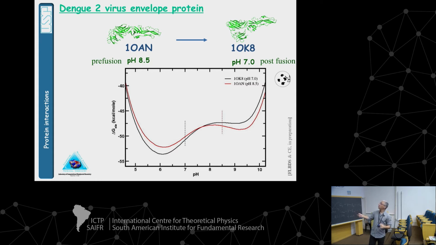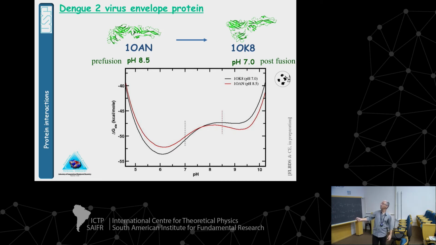Of course, this is a good comment. In fact, these structures are going to be much more stable at low pH. And if you remember, viruses like to be operational in low pH conditions. But to compare with the experimental data that's available, we need to really make the comparison at the same pH. That's why I have put these dashed lines here, just to remember that at this point. Yeah, but it's a good comment.